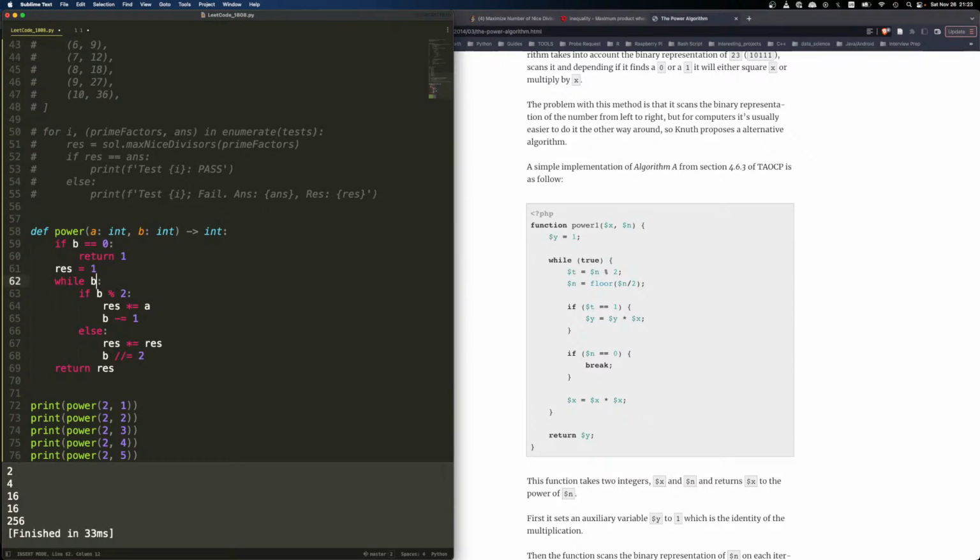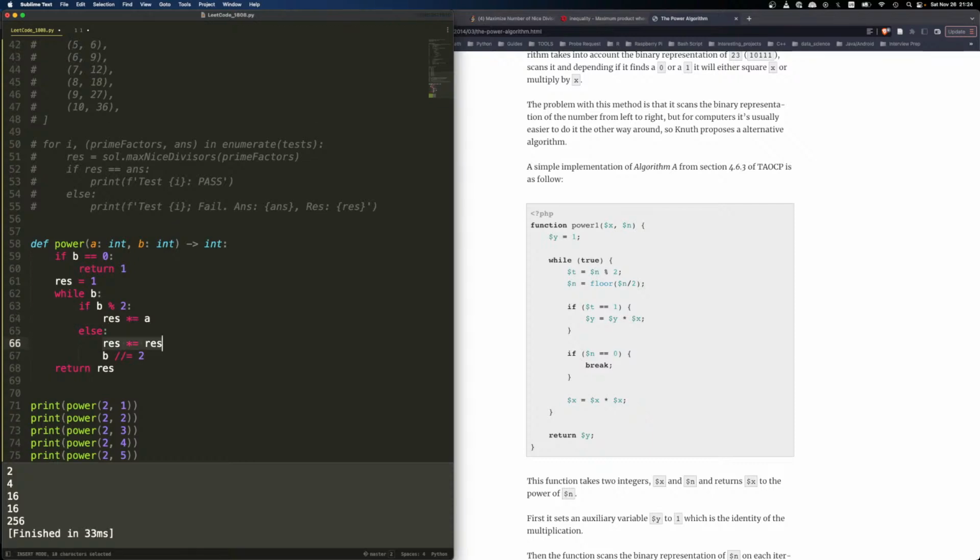While B, if this res times equal A, which is true, else it's A times equal A. No, that's not 100% correct.